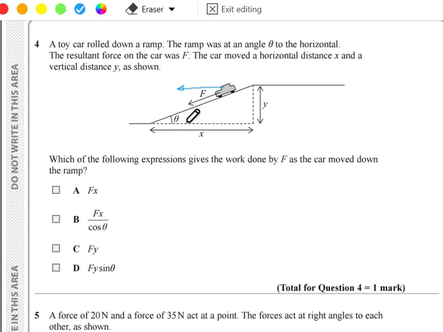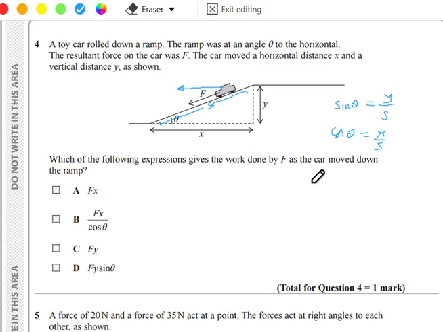So we can think about the hypotenuse length in terms of trigonometry. We have this angle theta, so sine theta, for example, equals y over the hypotenuse, the distance s that we want, or cosine theta equals x over s.